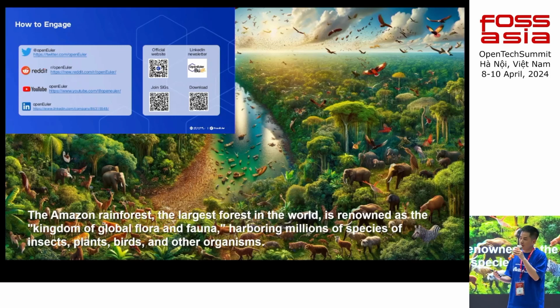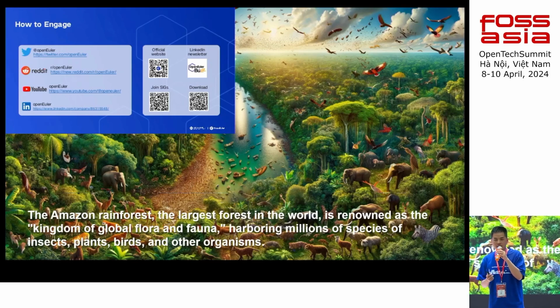All of you are like a tree, a river, maybe a bird here. So we can help each other and work together to make the community a fertile land. Okay, let's work together to make openEuler OS the second choice of the world.